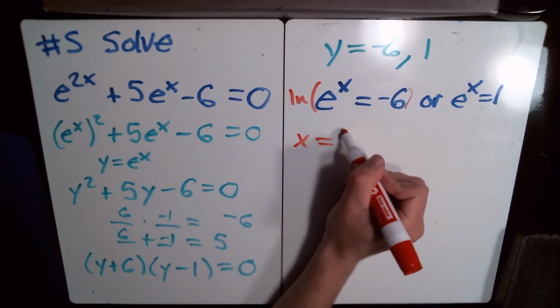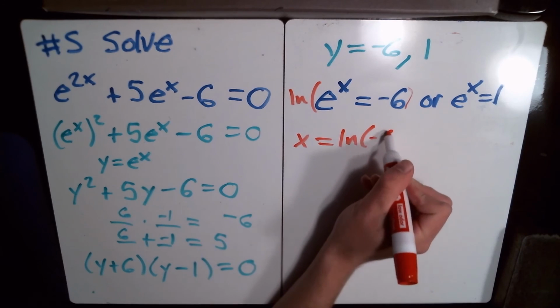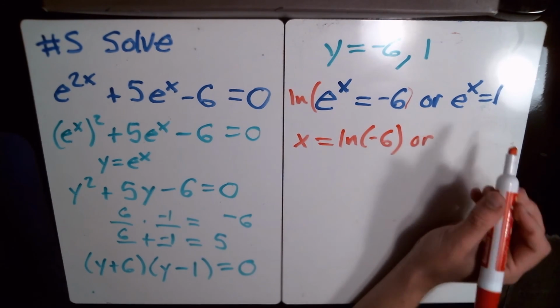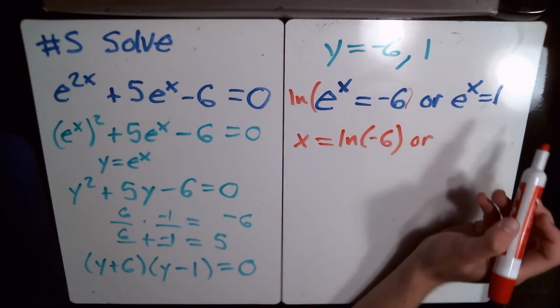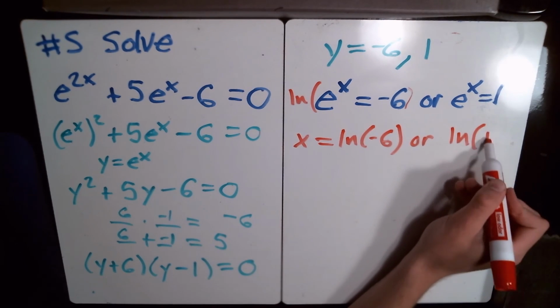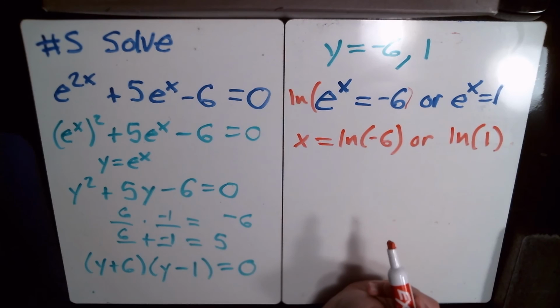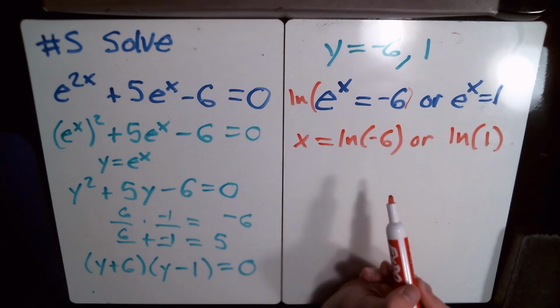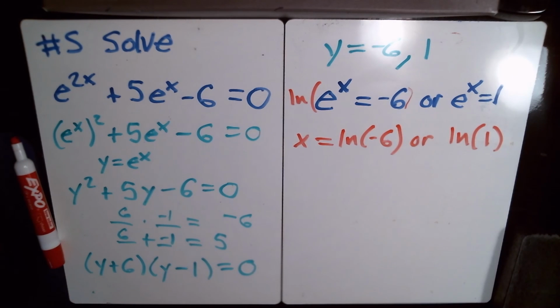Okay? So I get ln of negative 6, or when I do the ln of this one, I get ln of 1.